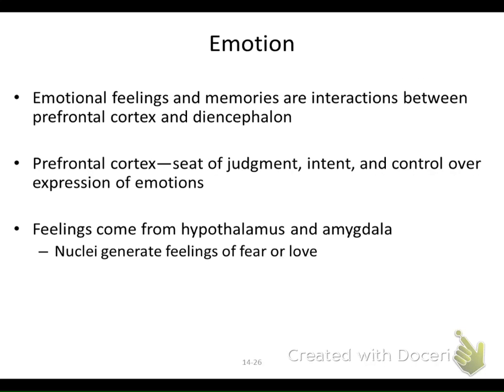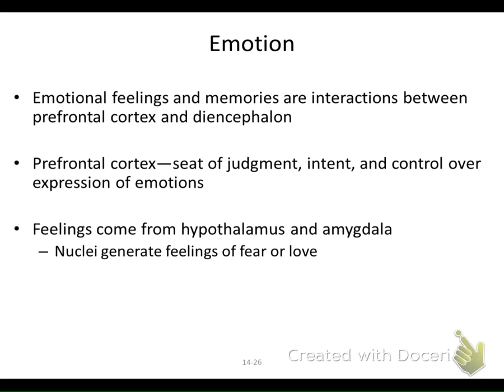Emotions, again, we're talking about a lot of areas of your brain involved with emotions, from your prefrontal cortex, where are we? Up here, to your diencephalon. Next to that, you would want to put what? Limbic, right? The limbic system, all about emotions, and that's also part of or within the diencephalon.